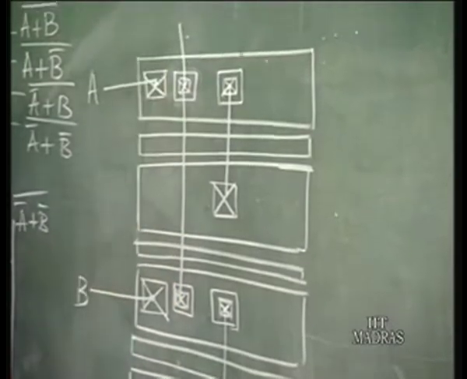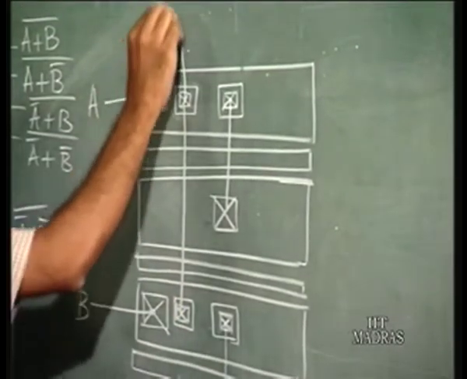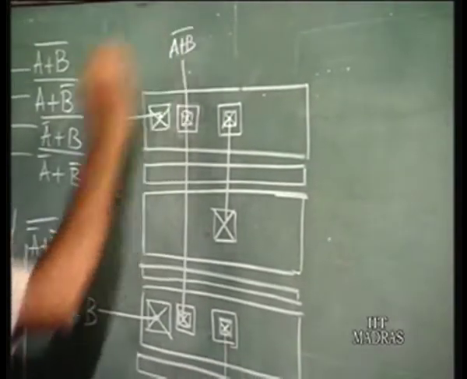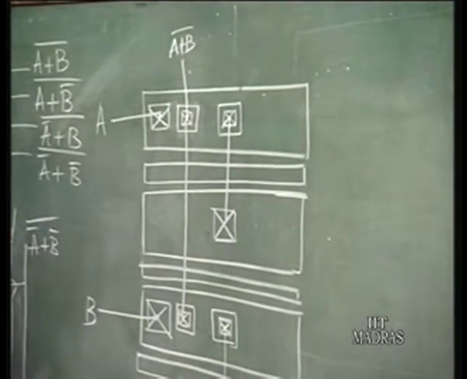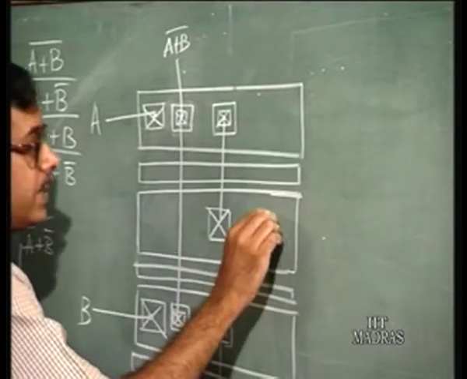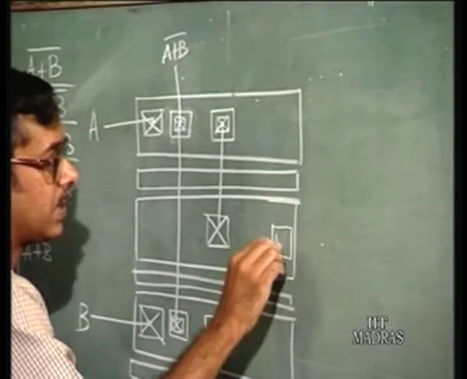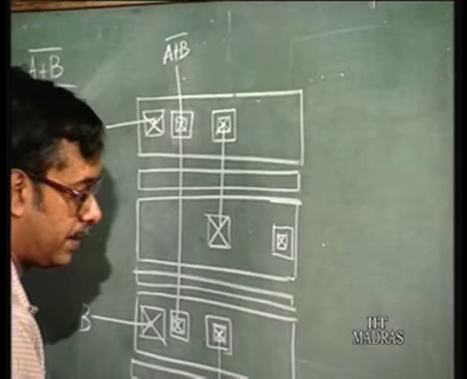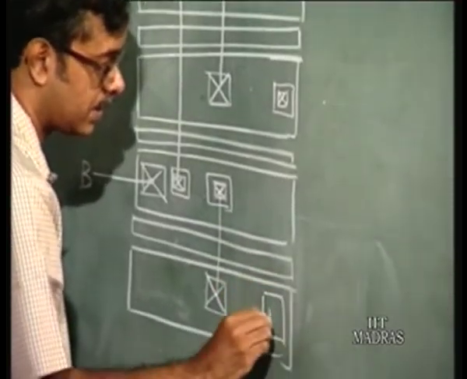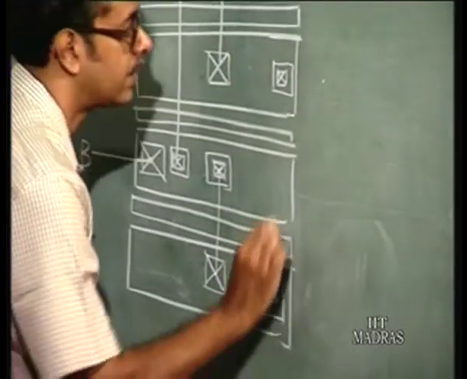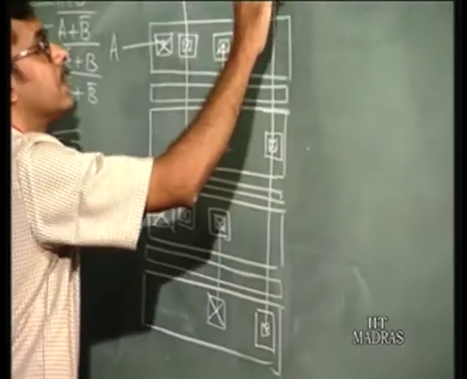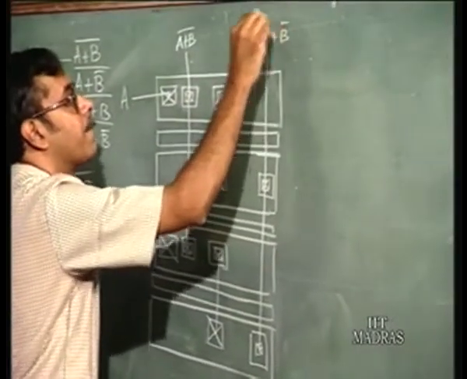You get the NOR of A and B. Now this collector of this transistor and one collector of this transistor, if you short that, you get the NOR of A bar and B bar.